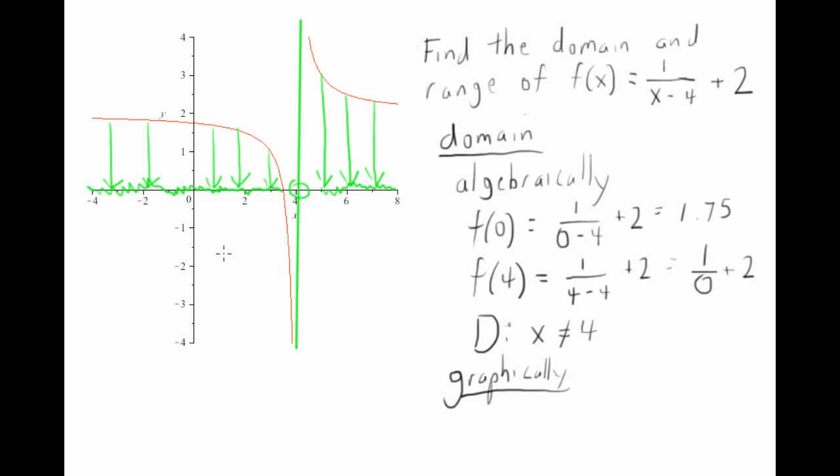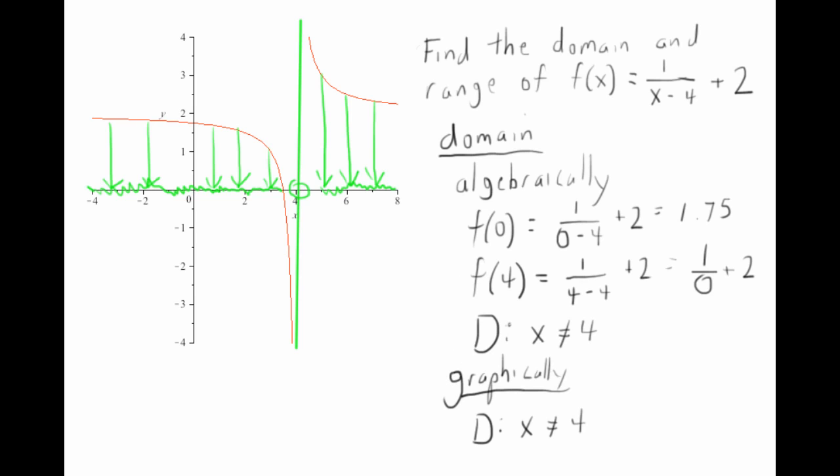So graphically, we say that, again, our domain is the set of x such that x is not equal to 4. The idea is you take your graph and you smush it down onto the input line, the horizontal axis, and you see what gets covered. So that's two ways of finding domain, algebraically and graphically.